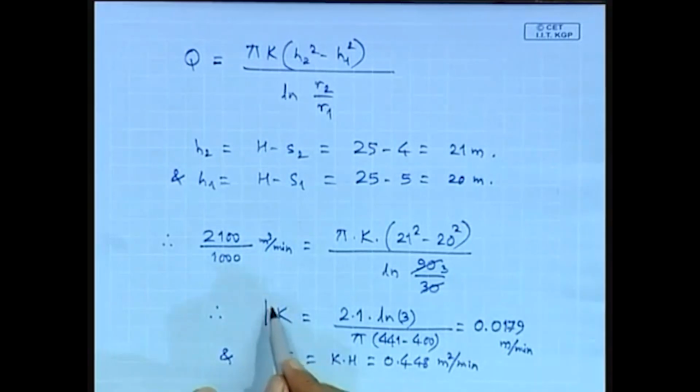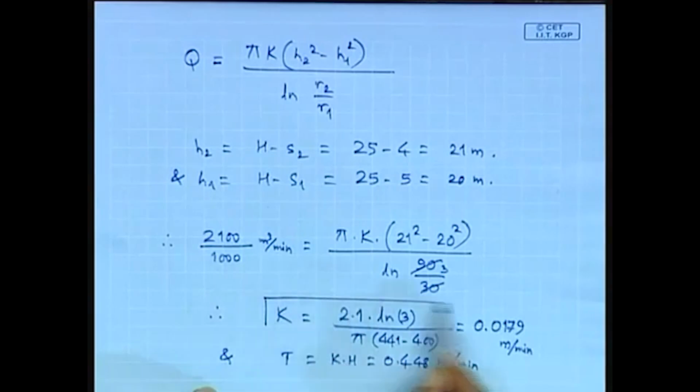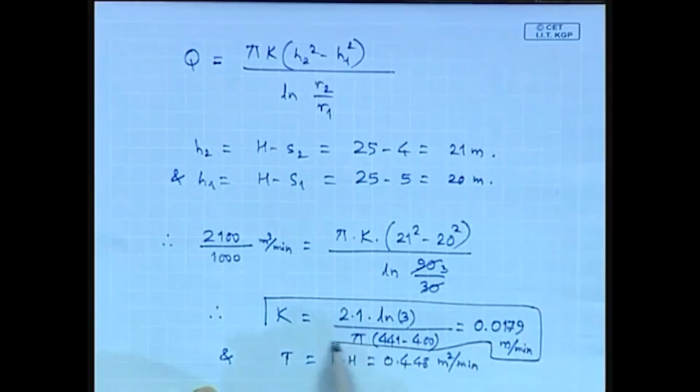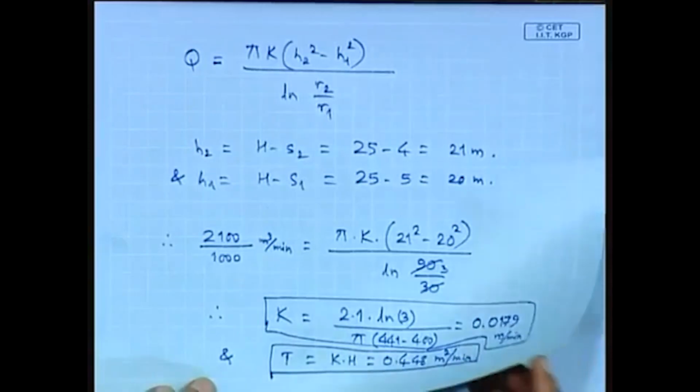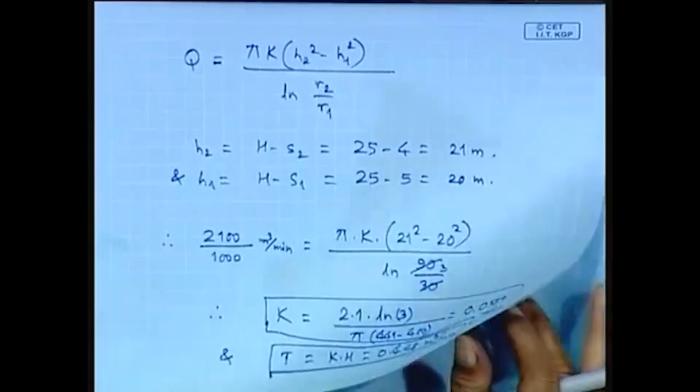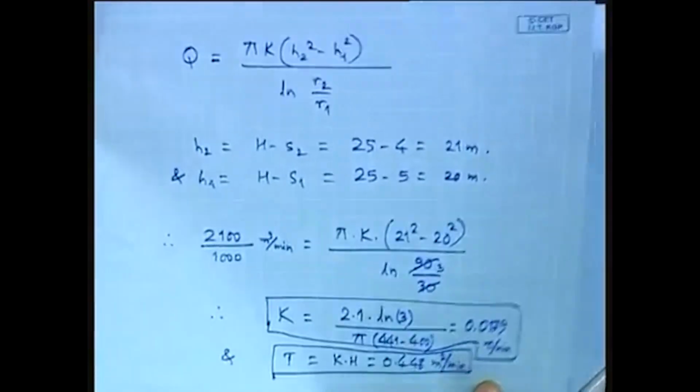The K value is 0.0179 and then T is 0.448 meter square per minute. Okay. So, this is how we can use the data from the well to estimate the formation constants of the aquifer, or if they are given, the steady rate of discharge.